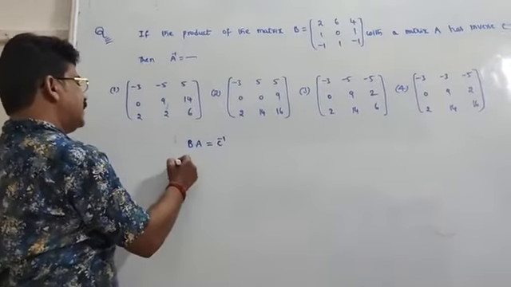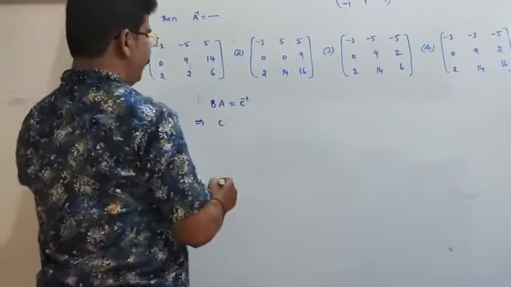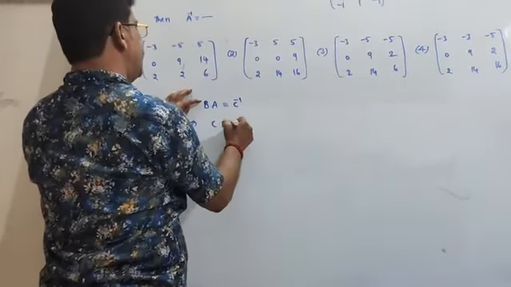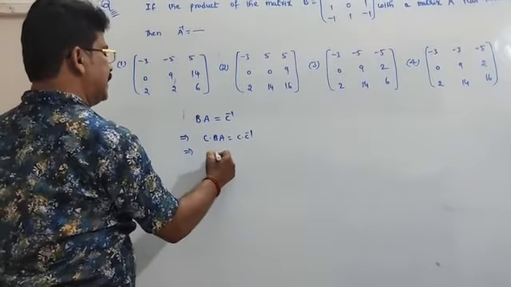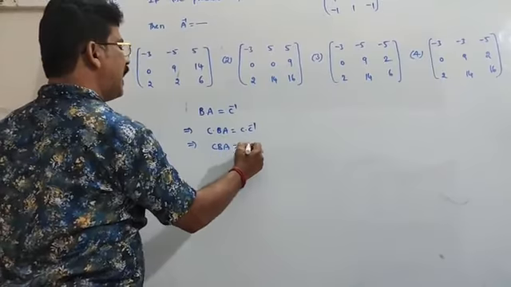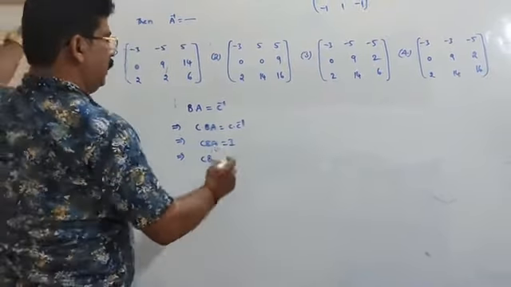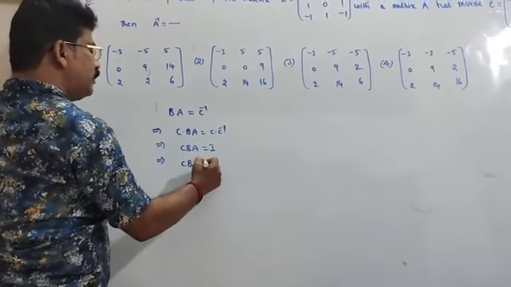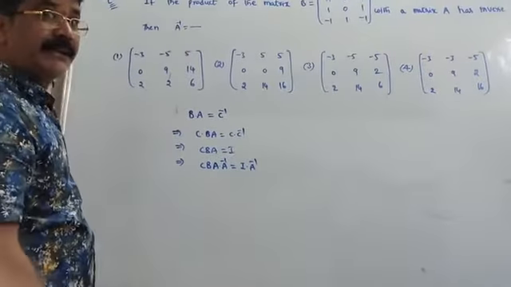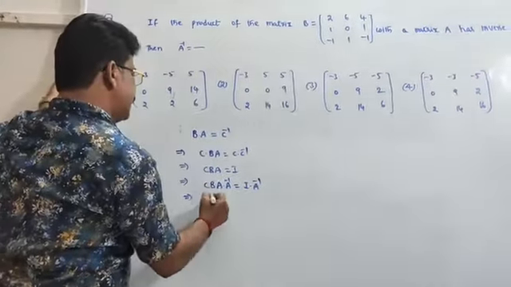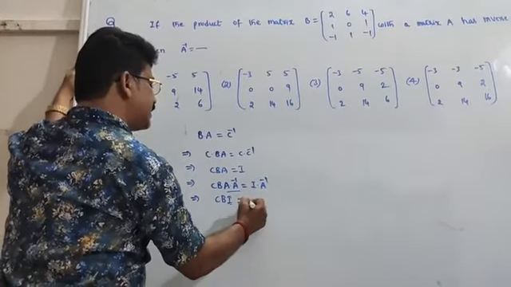So first we multiply on the left with C. C into BA equals C into C inverse, so that implies CBA equals I. Next multiply with A inverse on the right side: CBA into A inverse equals I into A inverse.